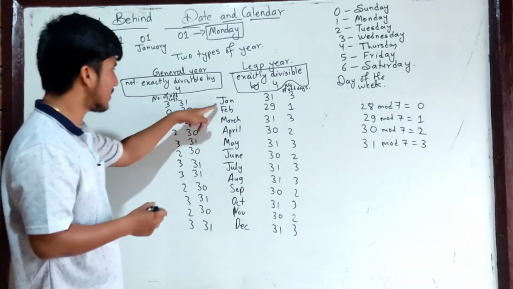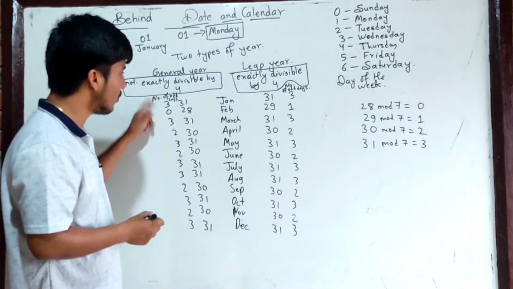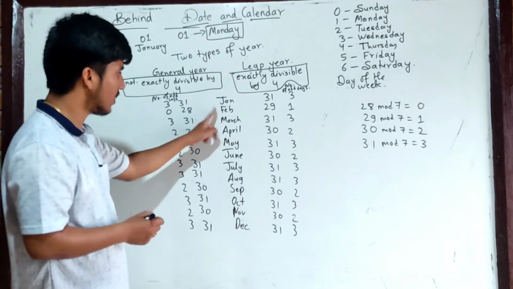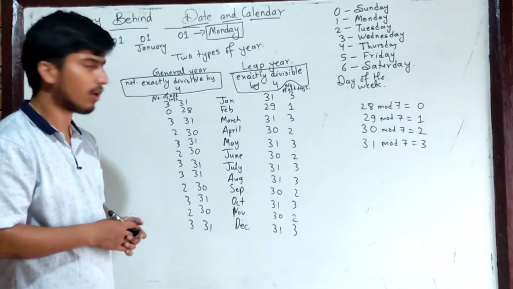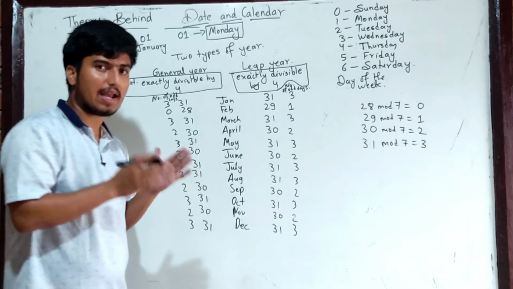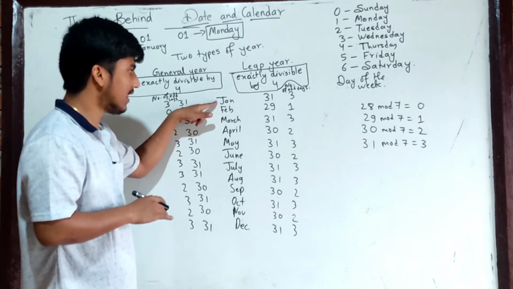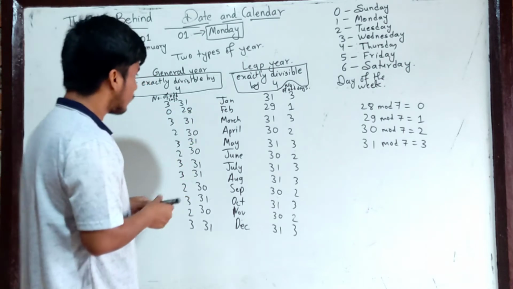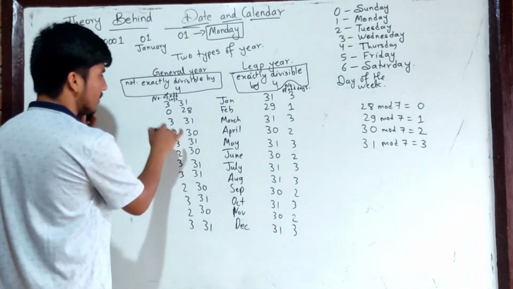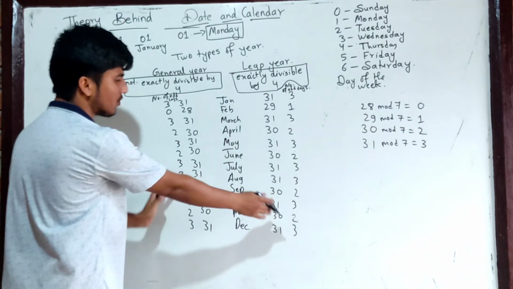Because the code that's in January, 3, will be used in February, because while finding the day of February, we must be using the number of odd days of January. So let's move each number of odd days one step down.